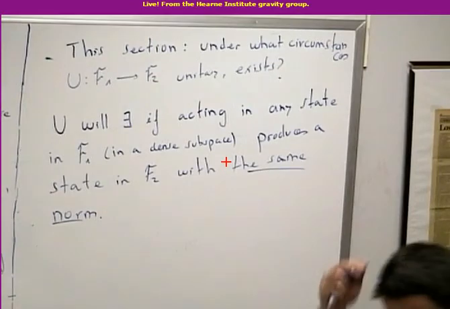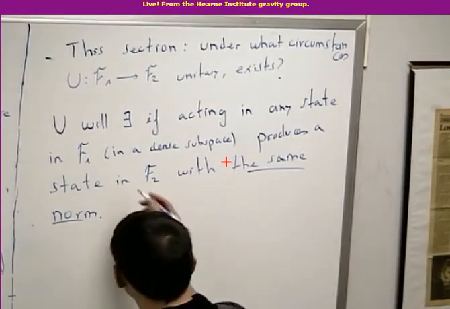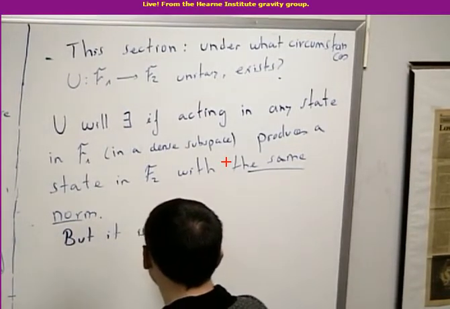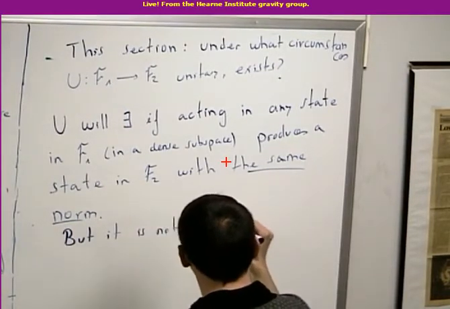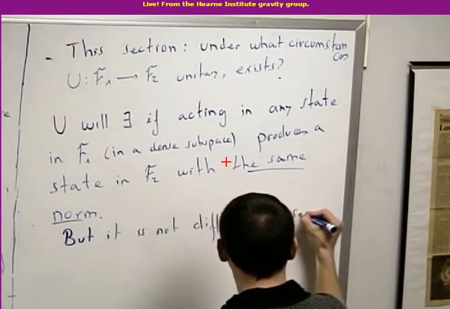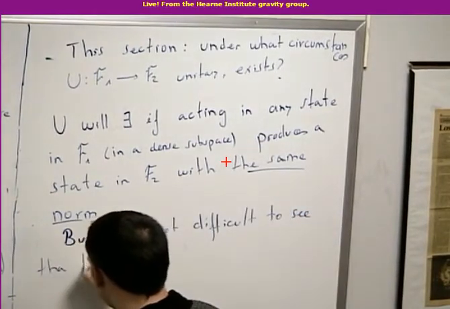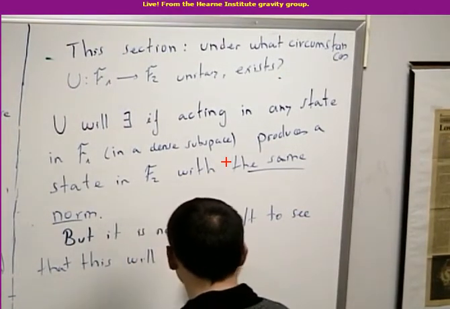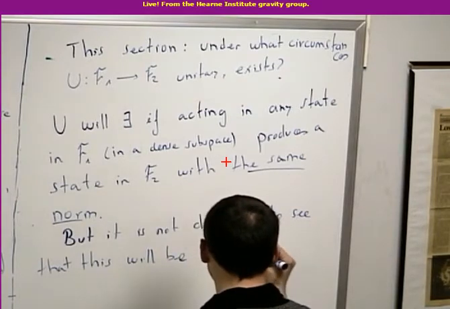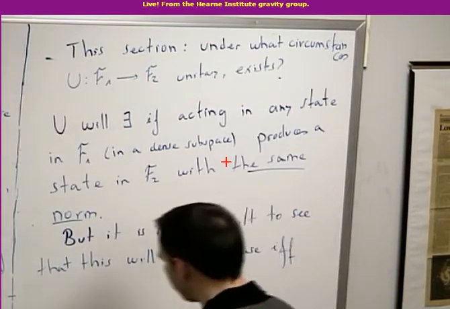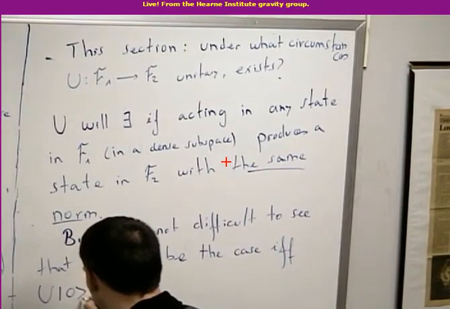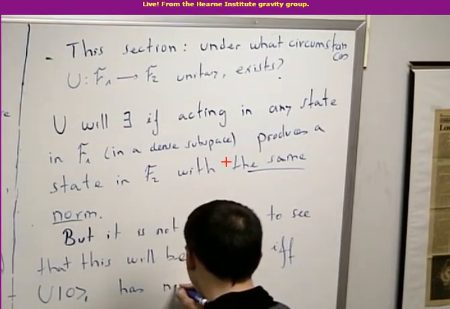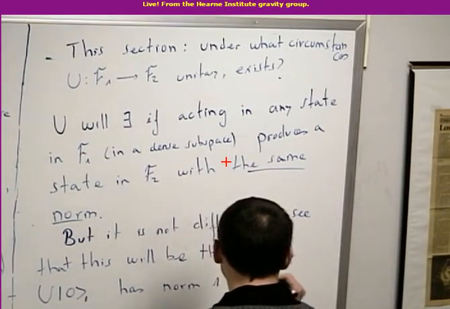Second point: it is not difficult to see that this will be the case if and only if U acting on the vacuum produces a state which has norm 1 in F2.